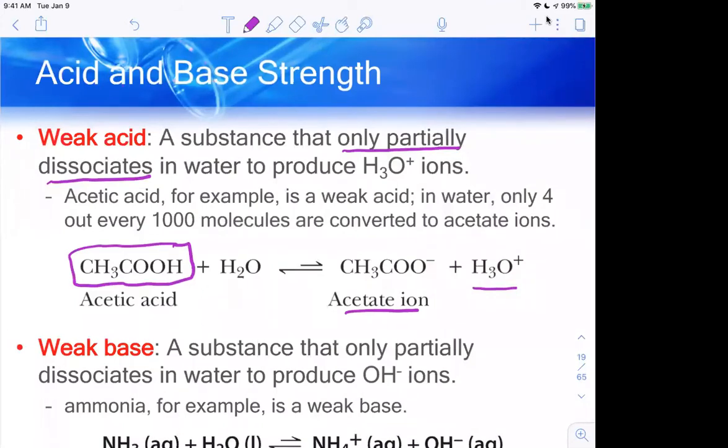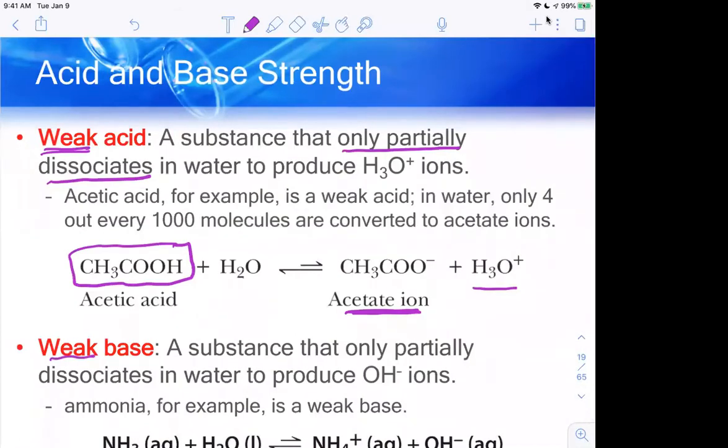So for example, out of every 1,000 molecules of acetic acid that are present, only 4 are actually found in this conjugate base form. So the vast majority of the acetic acid molecules are intact acid molecules and not ionized or dissociated. So that's how I think about a weak acid.